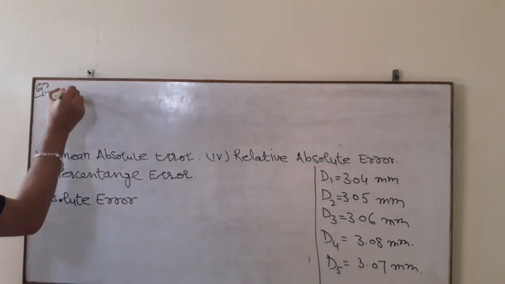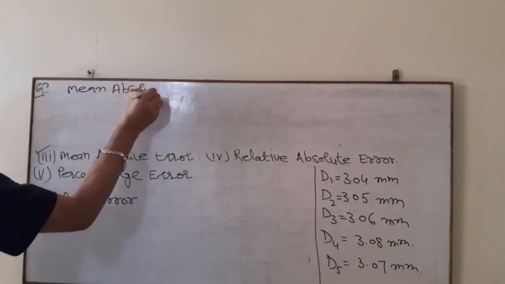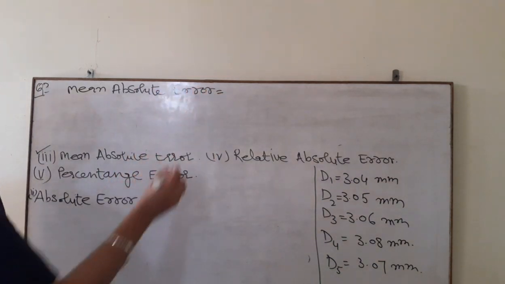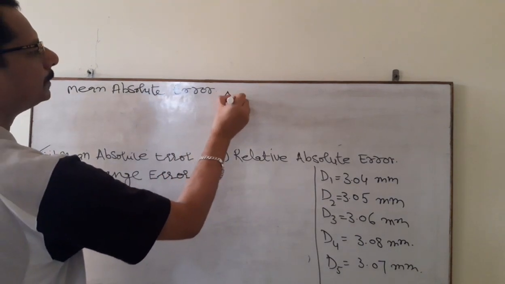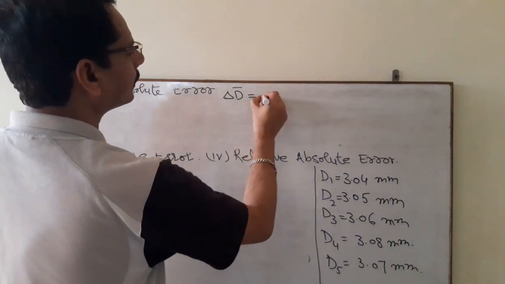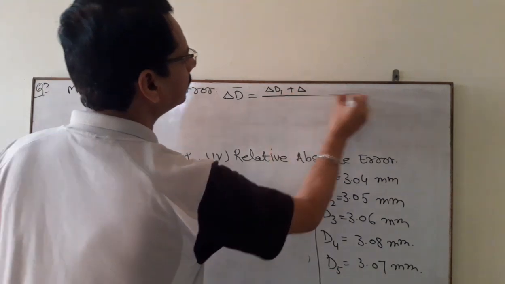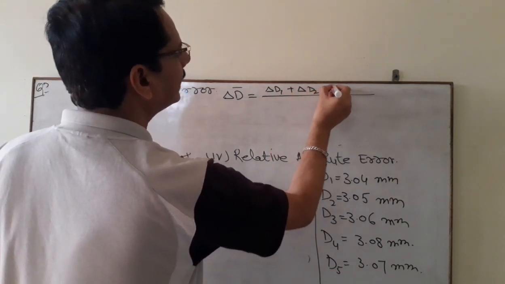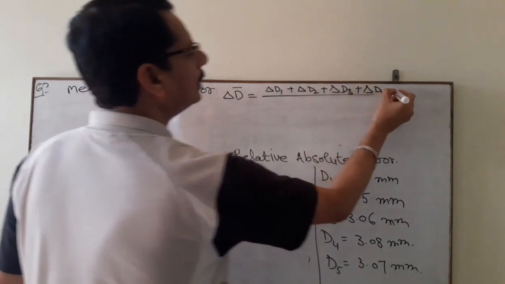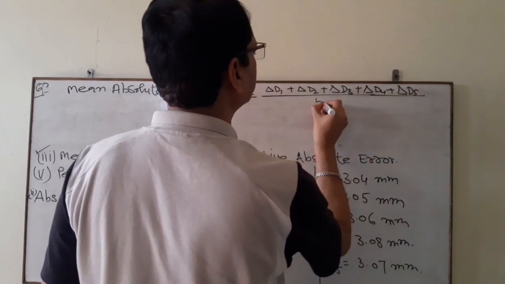Mean absolute error is delta D bar, which will be equal to delta D1 plus delta D2 plus delta D3 plus delta D4 plus delta D5 upon 5.